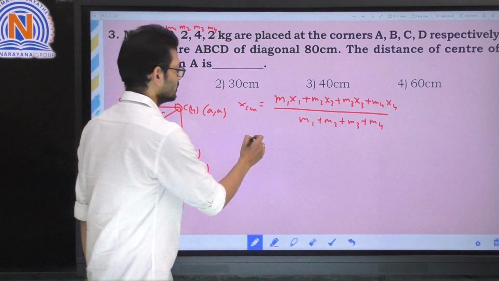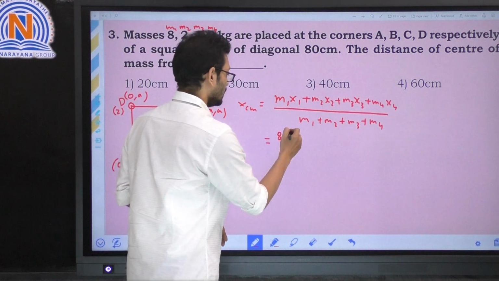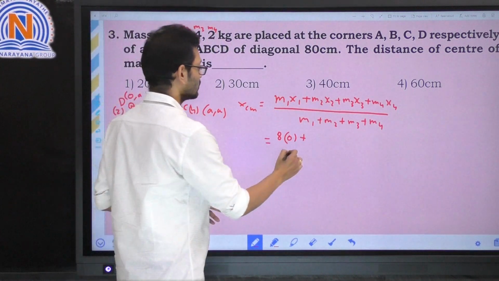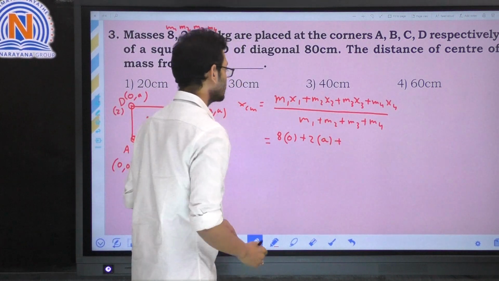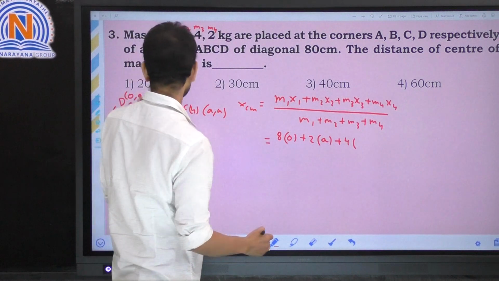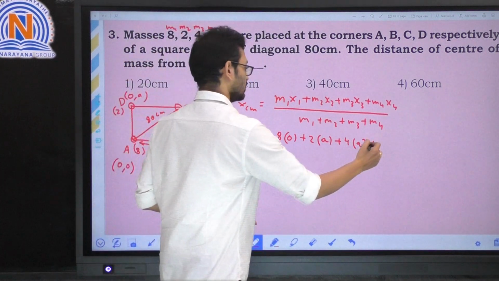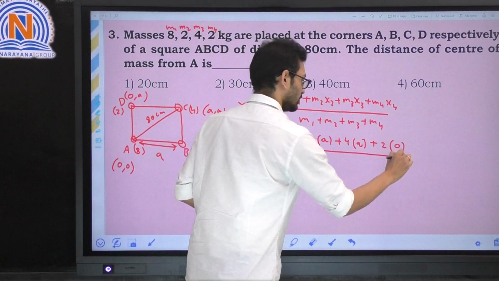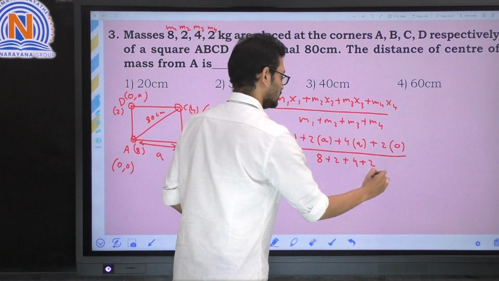Right, fine. Now let us substitute these values in the x component. So m1 is 8, x1 is 0, plus m2 is 2, x2 is A, plus m3 is 4, x3 is A, plus 2 into 0, by 8 plus 2 plus 4 plus 2.